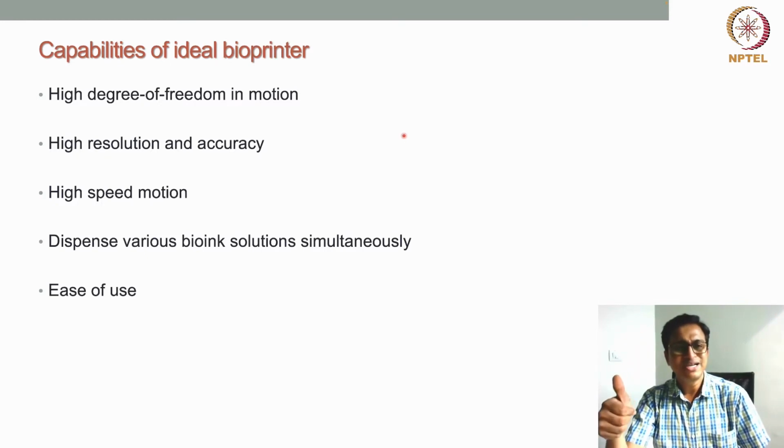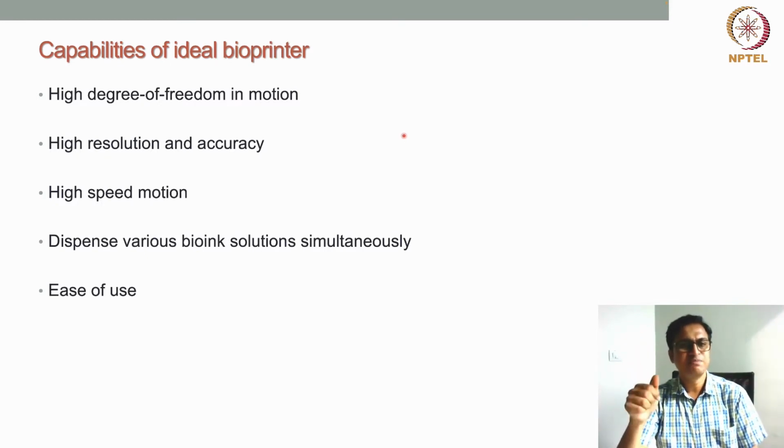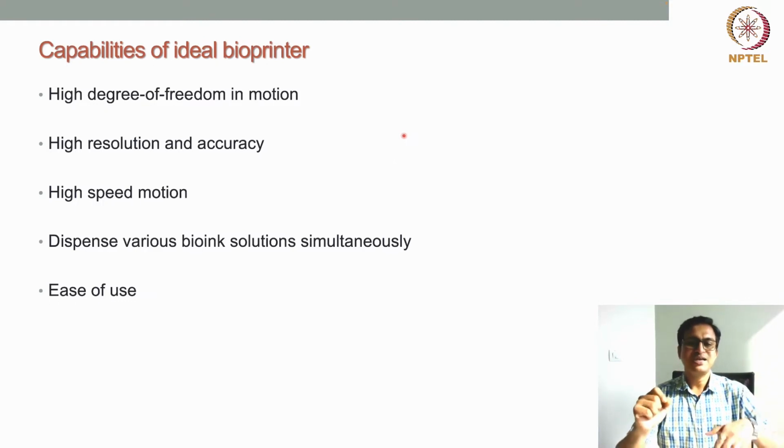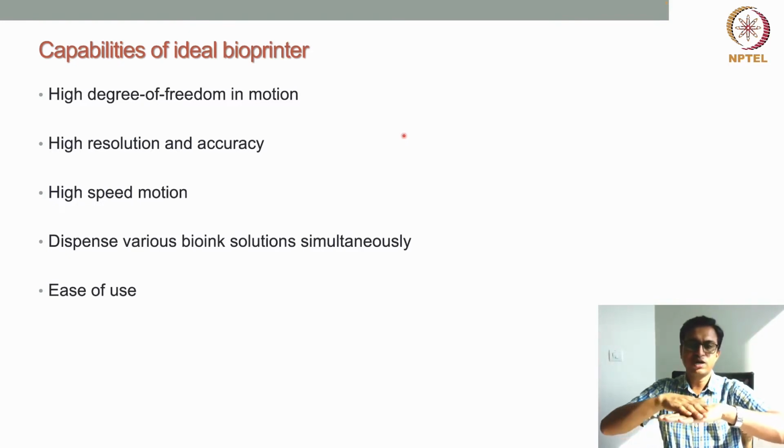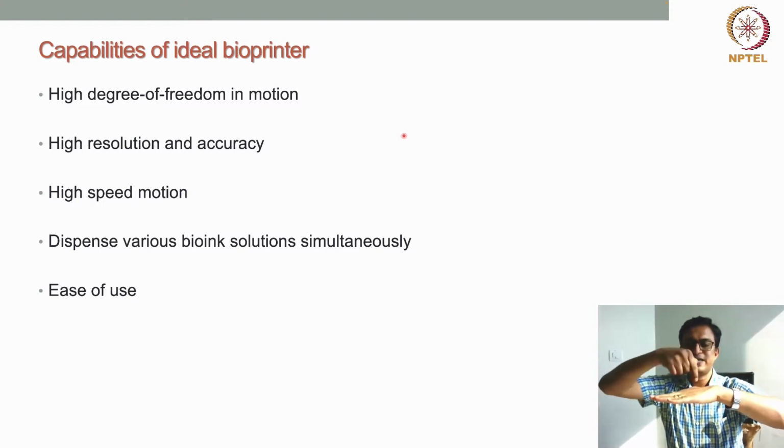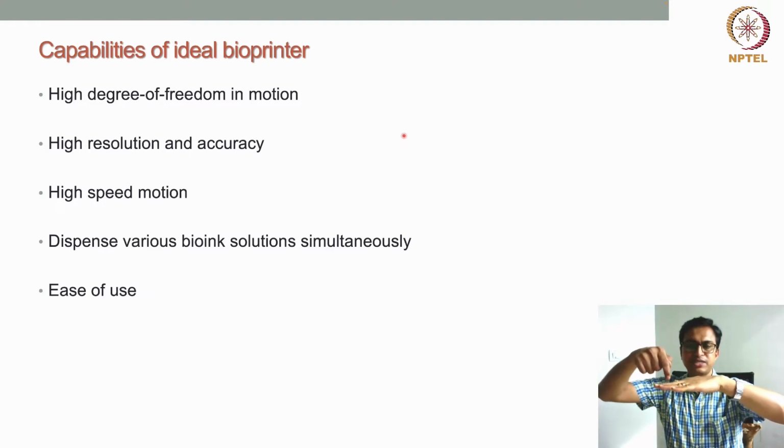But the print head should have a very high degree of freedom in motion. Why? Because most bioprinters are used for printing on planar surfaces. When the surface is planar, we can move the print head like this. When one layer is done, the print bed moves down or the print head comes up one layer, and then the next layer is printed.